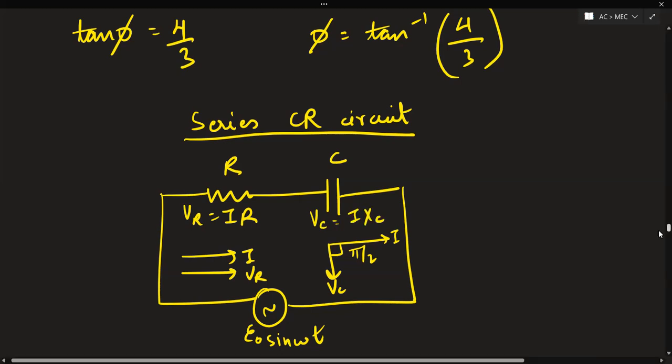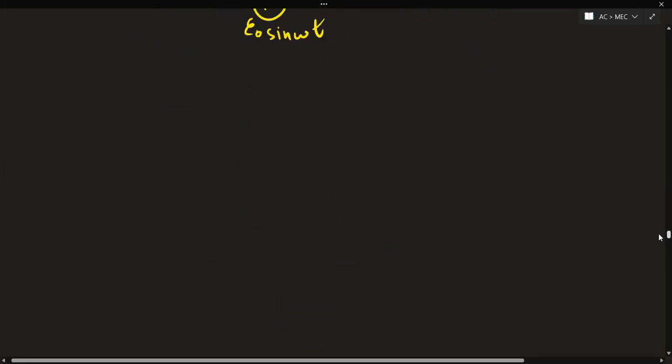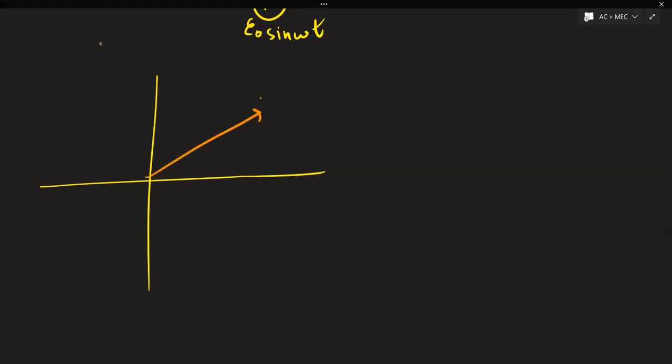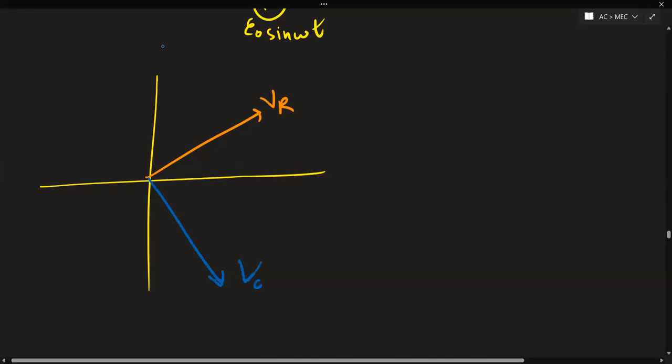All these things are there. So even if you draw the phasor, if this is VR, VC will be here. Remember, for the complete circuit, we combined both of these. Now, the simple derivation part is not tough.